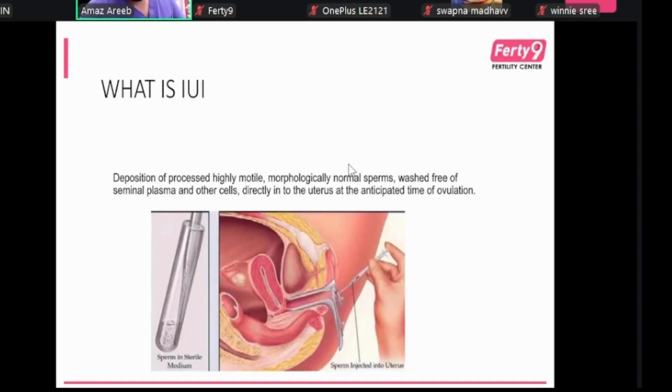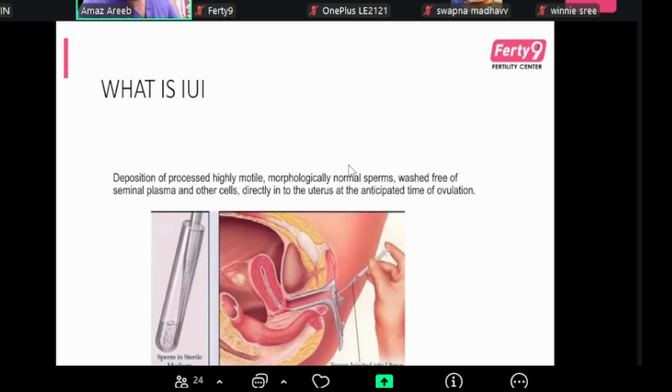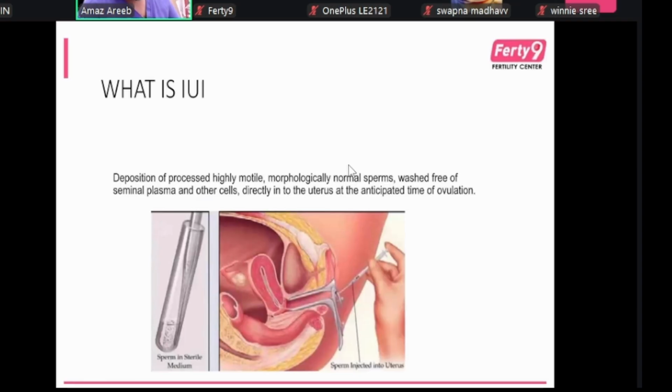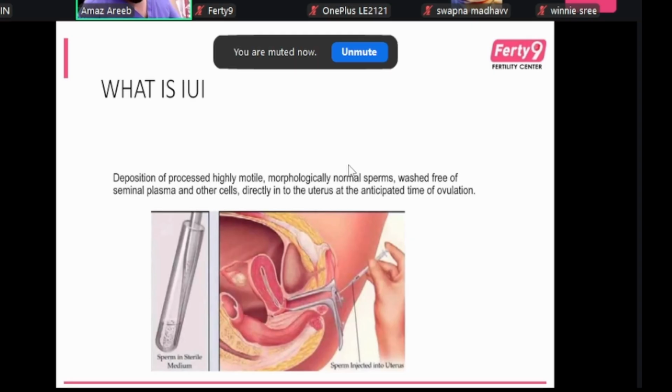That could be due to a hostile environment in the uterus, a very viscous sample that is not diluting, or so many leukocytes present in the ejaculate. There are many other reasons where we perform IUI as a primary mode of treatment for fertility.